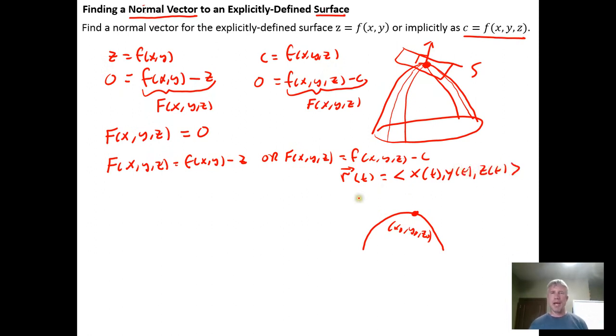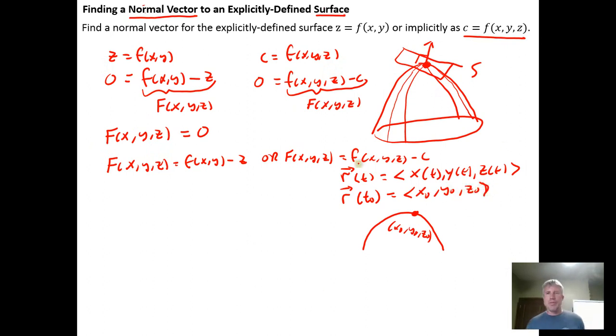And we parameterize it in such a way that when we plug in t naught, we get the point x naught, y naught, z naught.